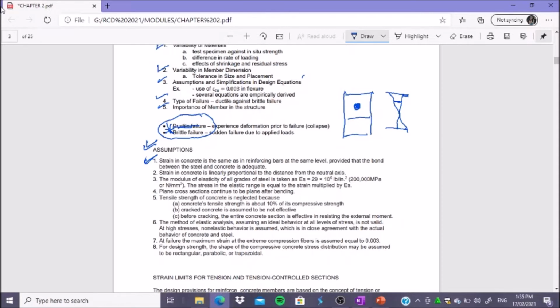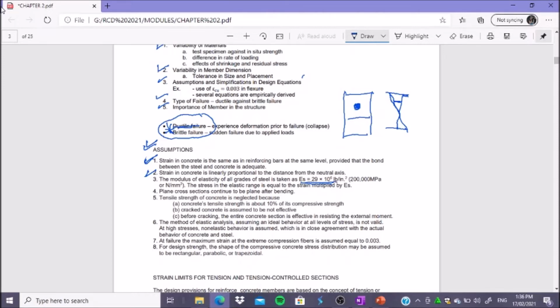Strain in concrete is linearly proportional to the distance from the neutral axis. That is why our strain diagram is linear, straight, right? That is the strain in concrete. The modulus of elasticity of all grades of steel is taken as 29,000 KSI, or 29 million pounds per square inch.